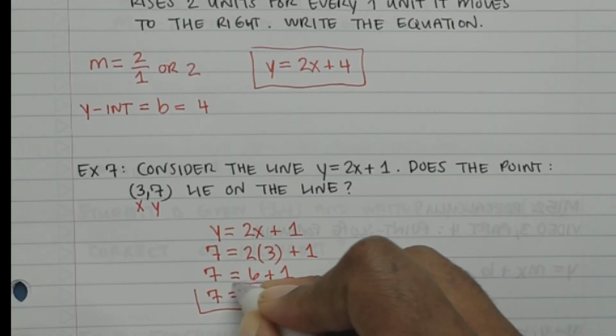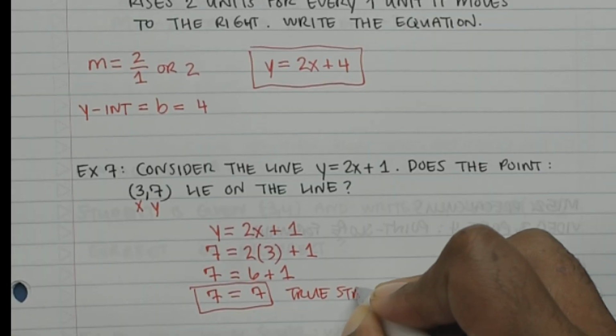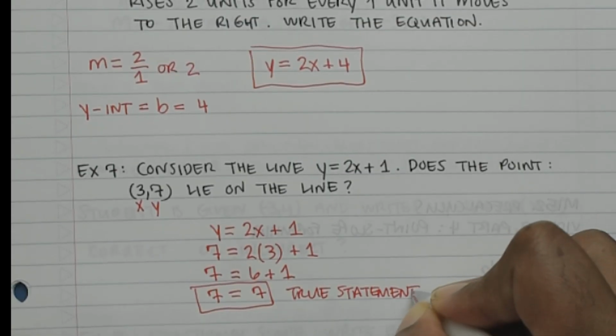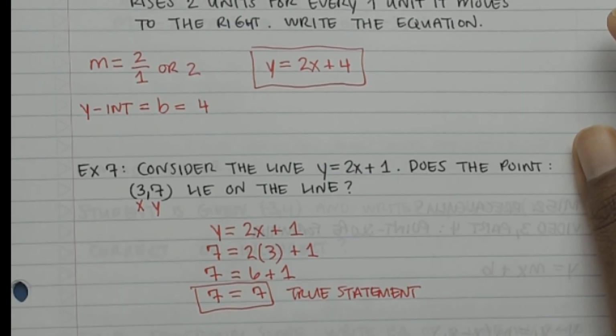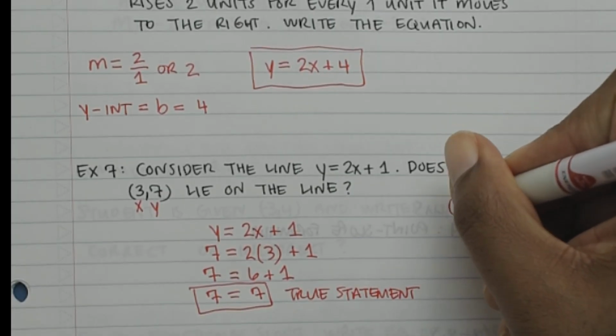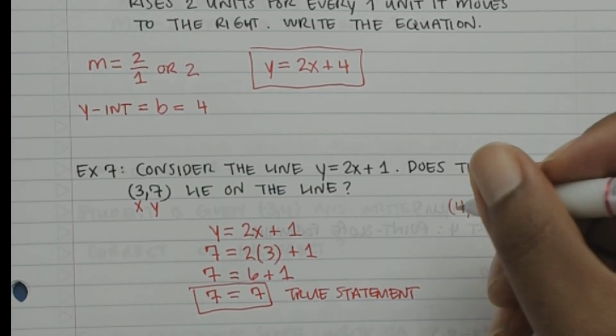So this is a true statement. Therefore, the point (3, 7) lies on the line. Now, let's test whether or not (4, 10) is on this line.